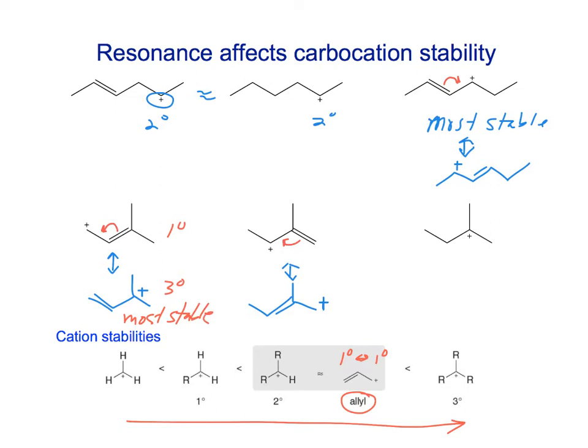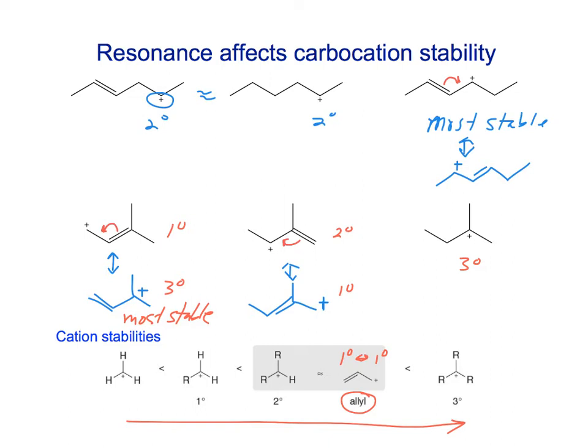Now, these other two are a little tricky because we essentially have between a secondary and a primary, and we just have a normal tertiary over here. Our old text used to, in fact, have this equal to tertiary. So it had it even more stable.